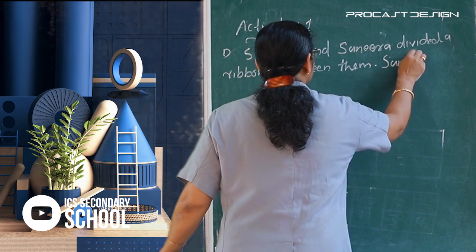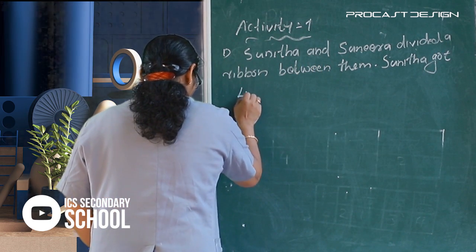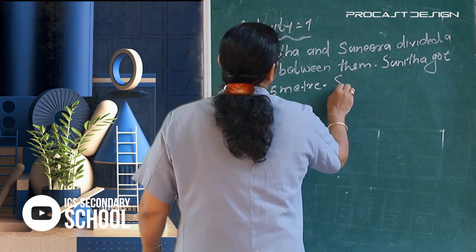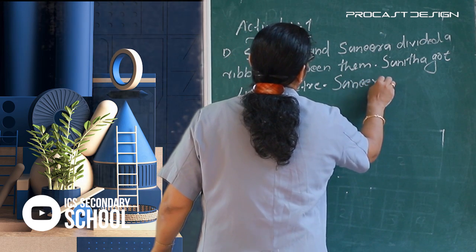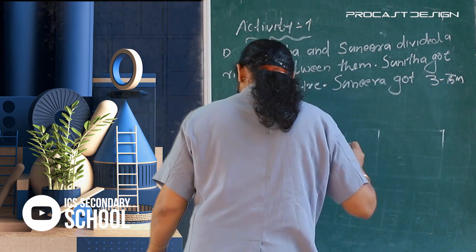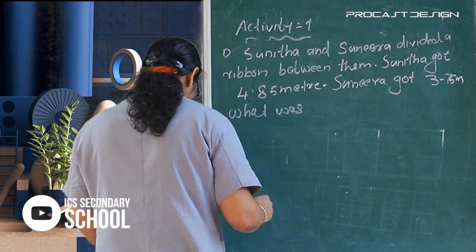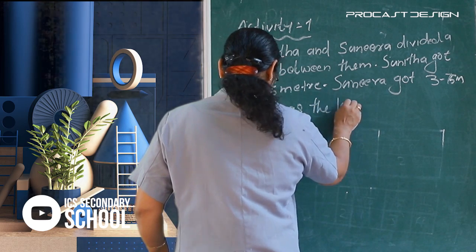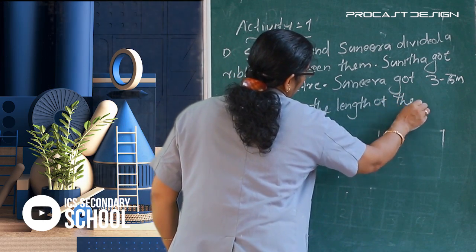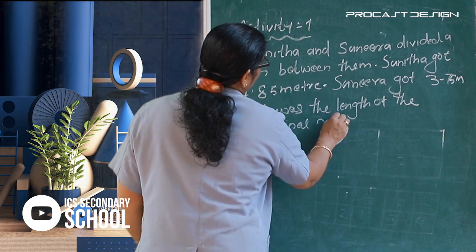Sunitha got 4.85 meter. Sunira got 3.75 meter. What was the length of the original ribbon?